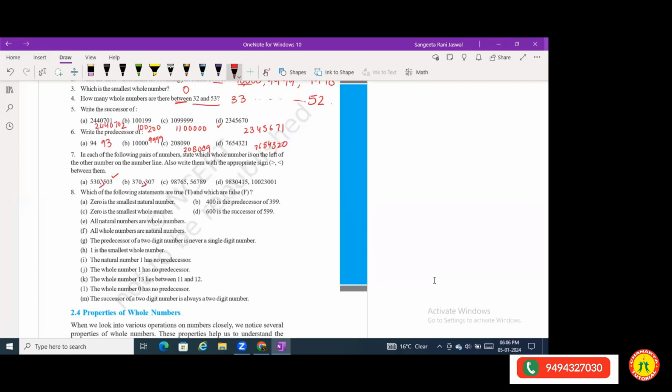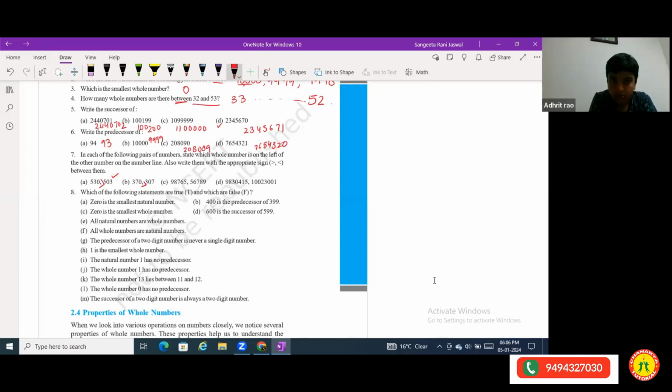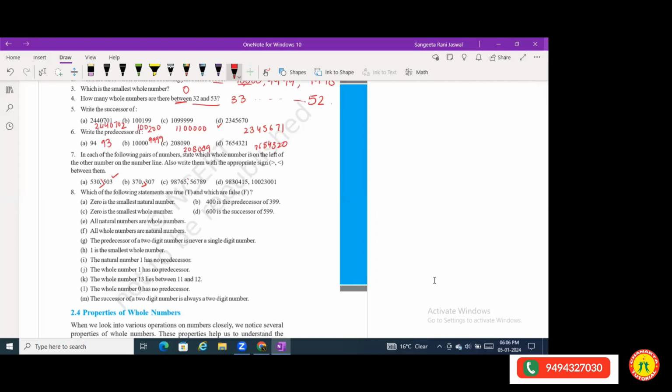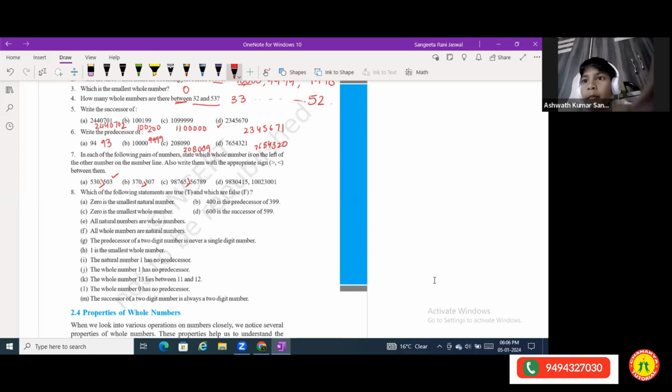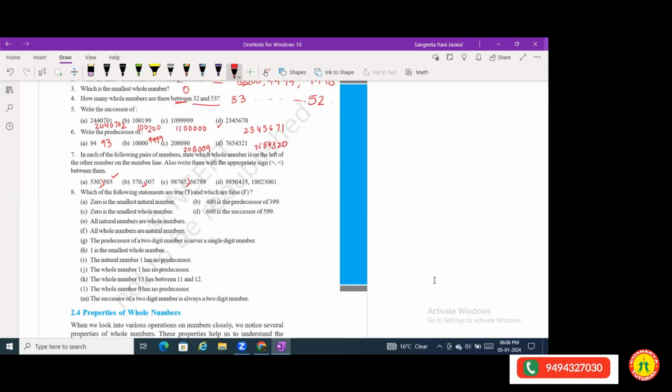Very good. Okay. Next, Adrit, you tell me this. Which number is greater and which is towards the right side? Ma'am, 98,765 is greater. Very good. Okay. Ashwath, you tell me this. Which one is greater in these? See, when you have large numbers, you first count the number of places.